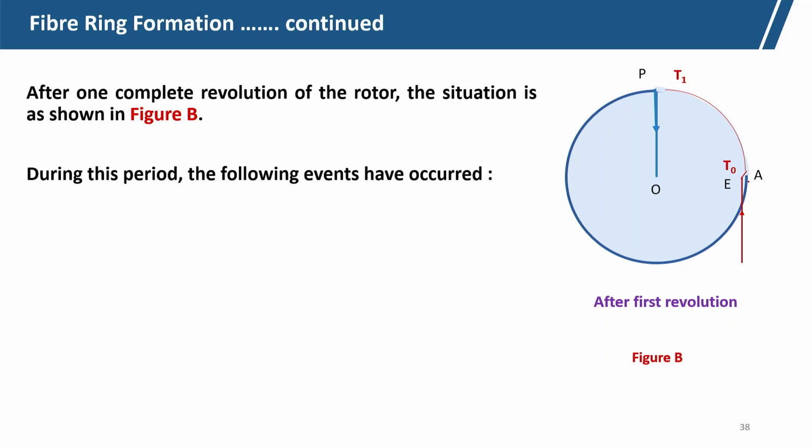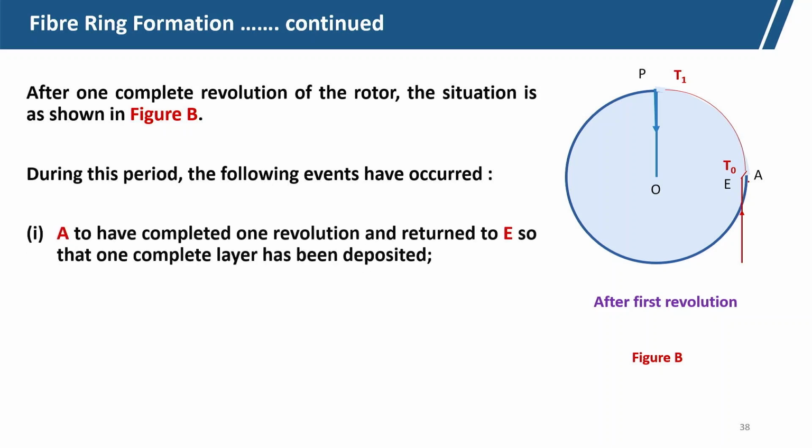During this period, the following events occurred. Point A has completed one revolution and returned to E once again, so one complete layer has been deposited.